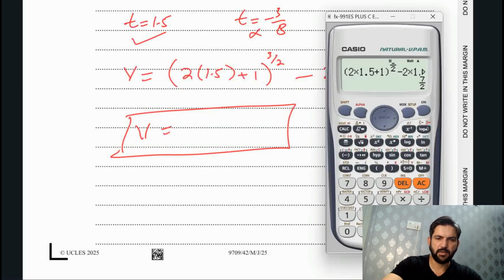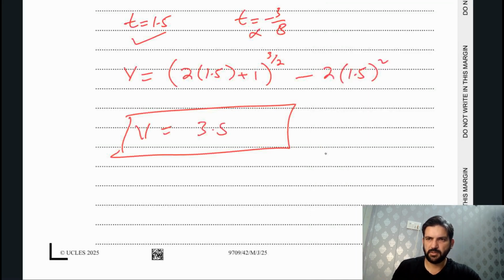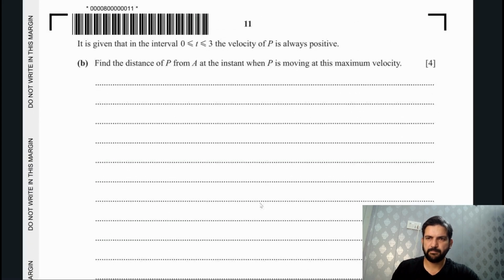So this will be equals to 7 by 2, which means 3.5. So this will be the final answer. I hope that the concept is clear. Let's move to the B part.